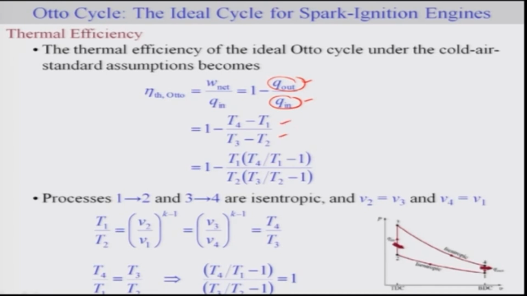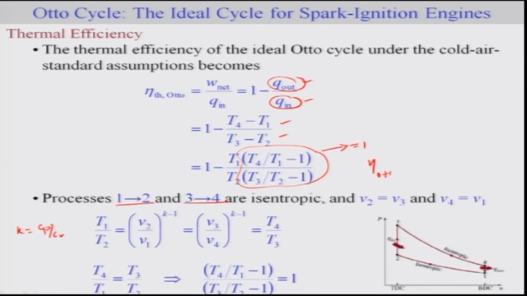This can be written in the ratio of T1 and T2, and then these terms will come as a separate one. One can show that, considering 1 to 2 and 3 to 4 are isentropic processes and the others constant volume, based on the ideal gas relation, the ratio of temperatures is (V2 by V1) to the power k minus 1, where k is nothing but Cp by Cv, and this term goes to 1.